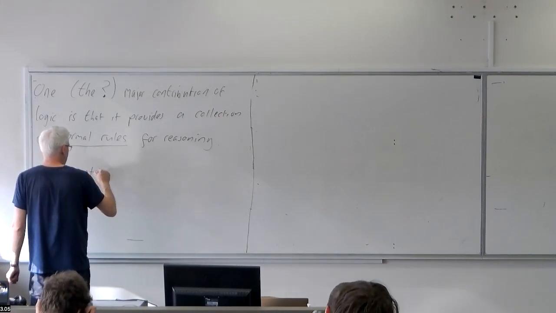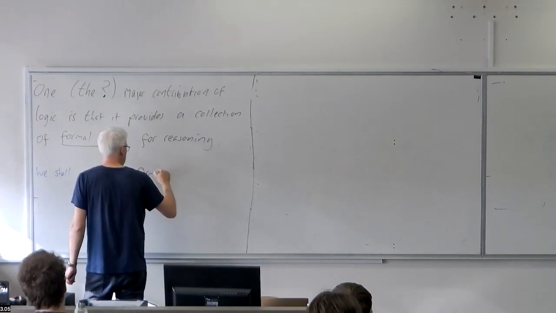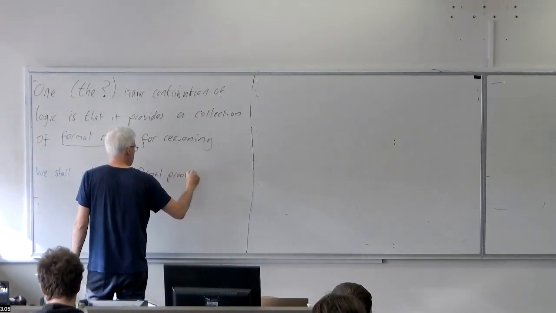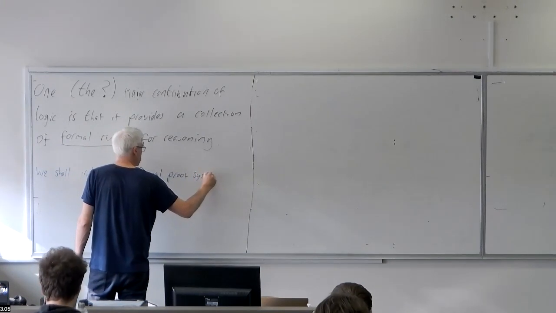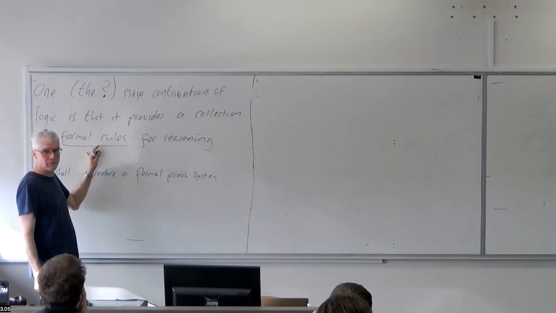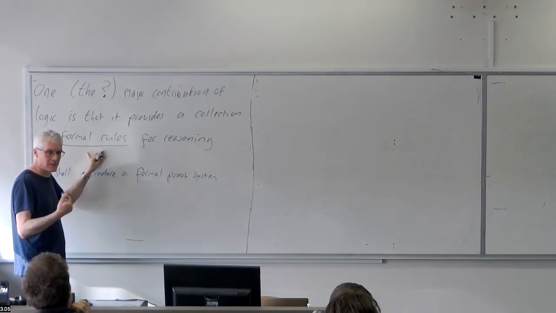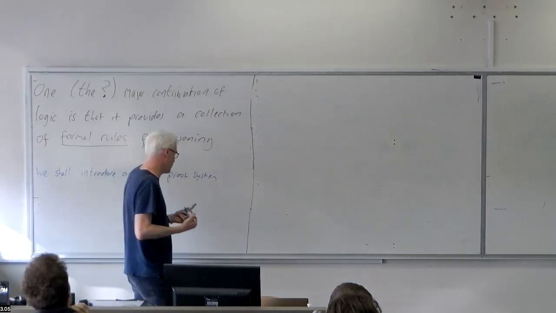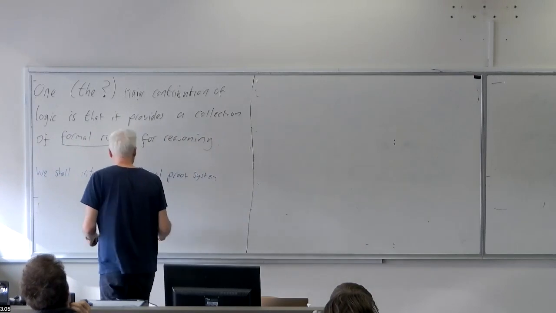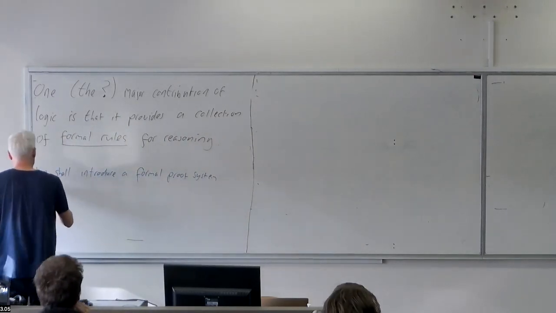In particular, later in the course, we're going to introduce a formal proof system. I keep on using the word formal. Formal here means everything is according to precise mathematical rules; you're being very, very careful and precise.